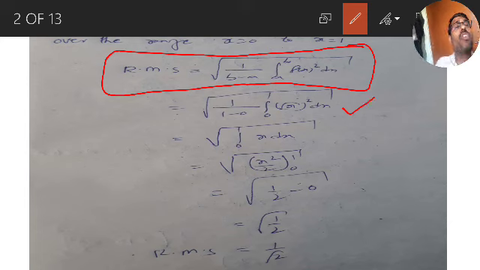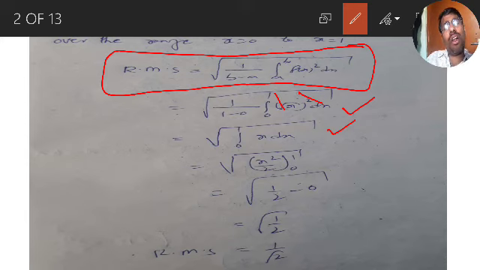Substitute, what do you get? Square root of 1 by 1 minus 0, integration 0 to 1, square root of x whole square dx. I get it. So square root and square cancel. So 1 by 1 minus 0 is 1 by 1, that is 1, no need to take, that is square root of integration 0 to 1 x dx.